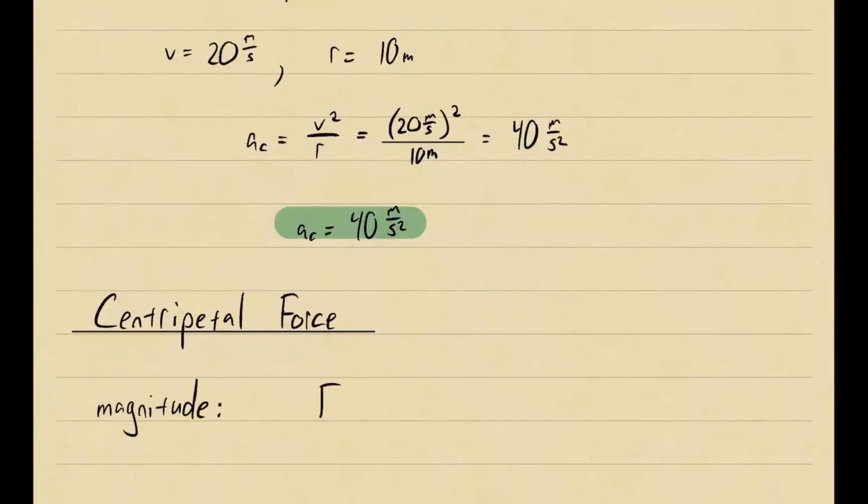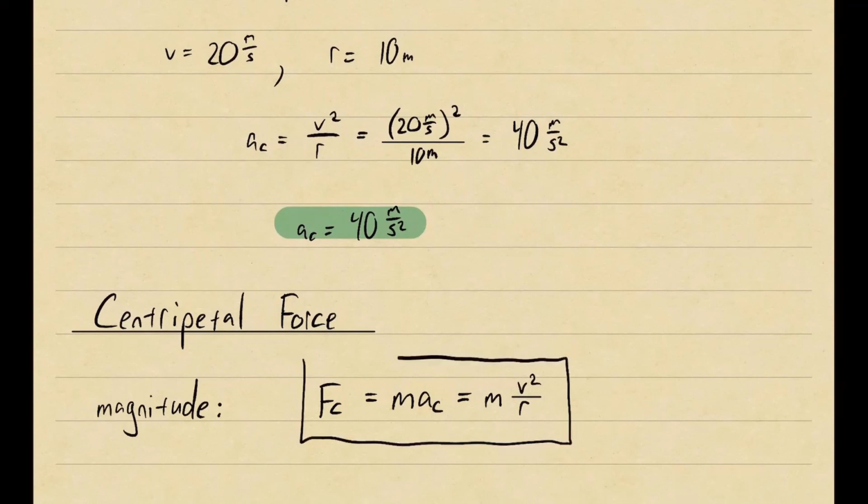We call it Fc for centripetal. This is equal to the mass of our object times the centripetal acceleration of our object. But we know that the centripetal acceleration of our object is v squared over r.